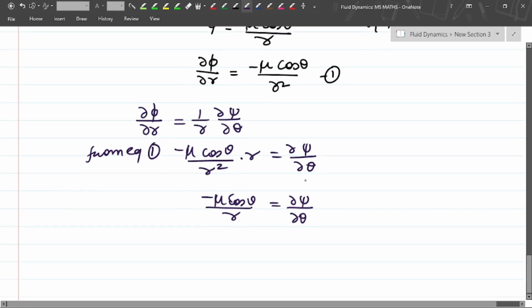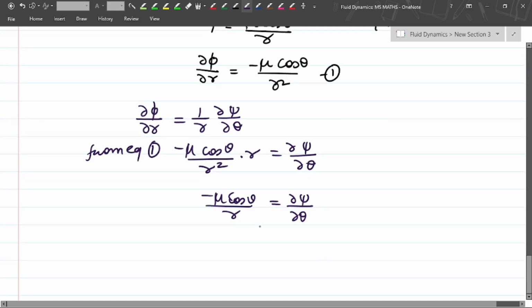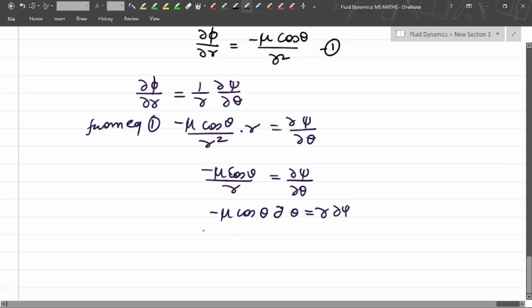So we'll find the value of psi here. Minus cos theta dou theta, then r dou psi. We'll integrate. So psi is nothing but minus mu by r sin theta.